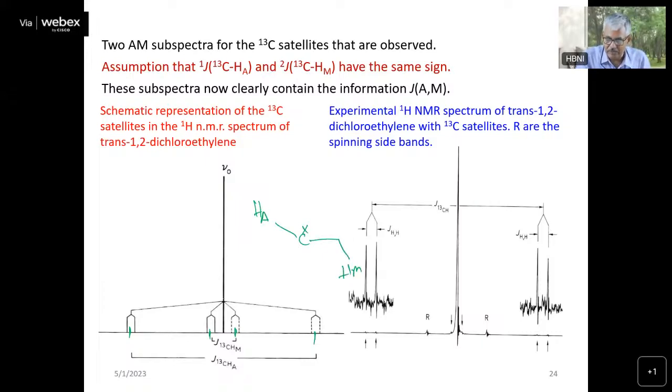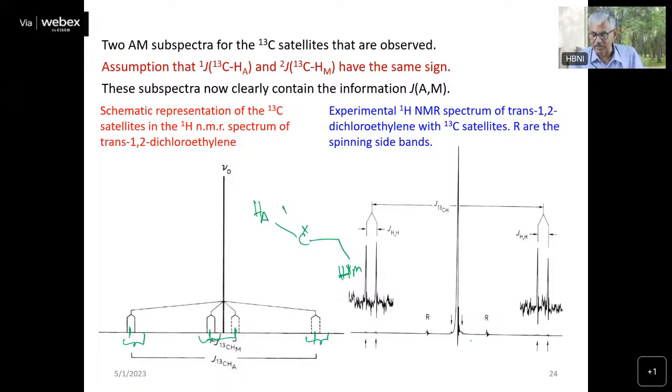So HM is 2 carbons separated, so that coupling constant will be smaller than the 1-carbon one. Okay, and now as these signals are separated out, you can see clearly the coupling constant between A and HM.